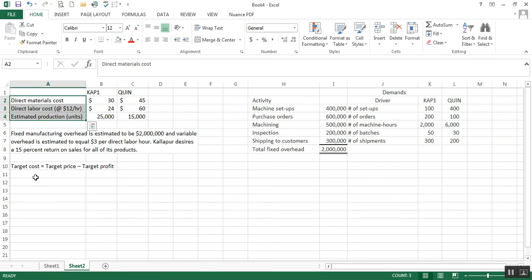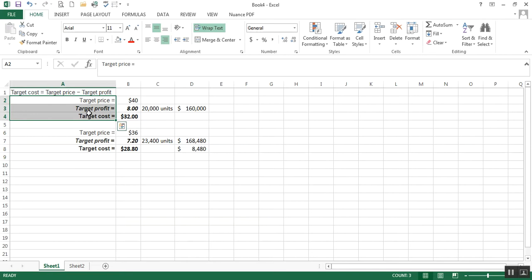So let's go back to our spreadsheet. So again, we're going to use the formula that our target cost is going to equal the target price minus the target profit.